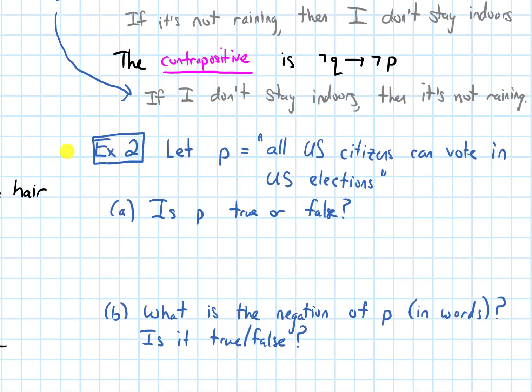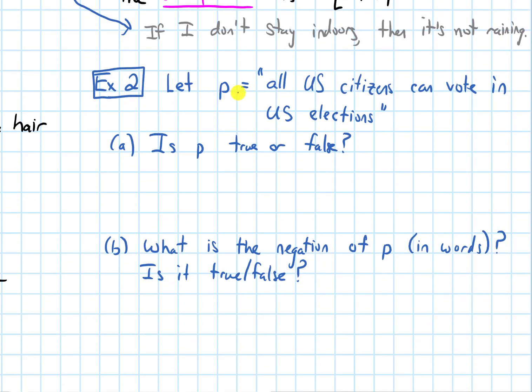In this example, let P be the proposition all US citizens can vote in US elections. Part A asks, is P true or false? We need a little bit of background knowledge about how US elections work, but this is false. Not all US citizens can vote in US elections. There are a few important counterexamples.